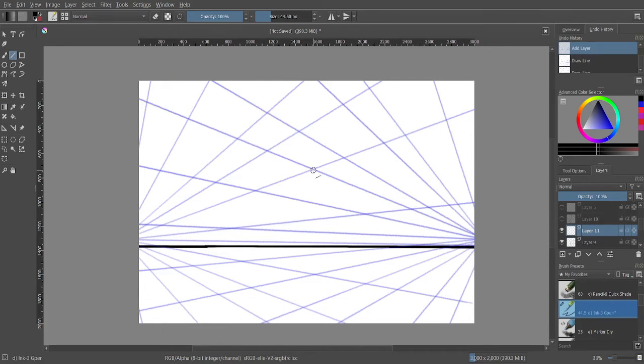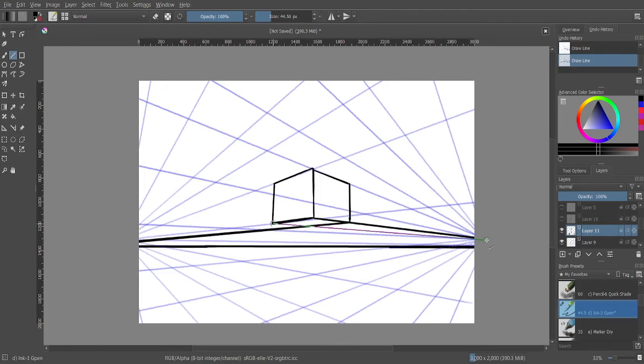So if I were to draw a square, for example, while both vanishing points are far from each other, the square or the cube would end up looking fairly normal, just like so. See?